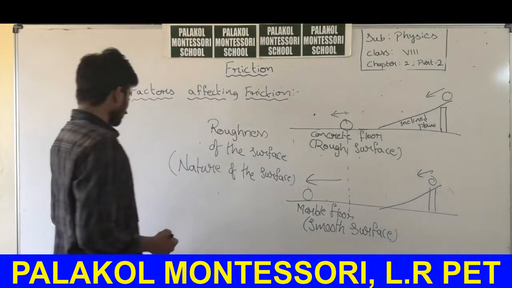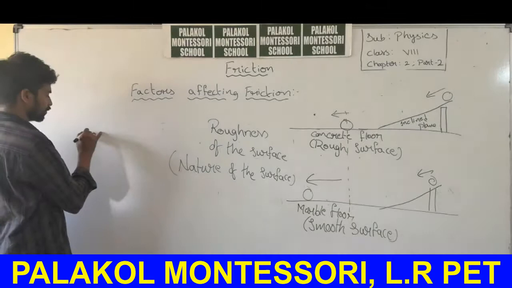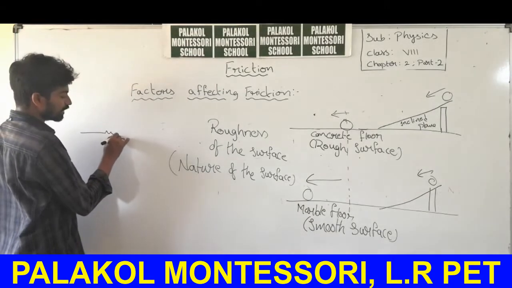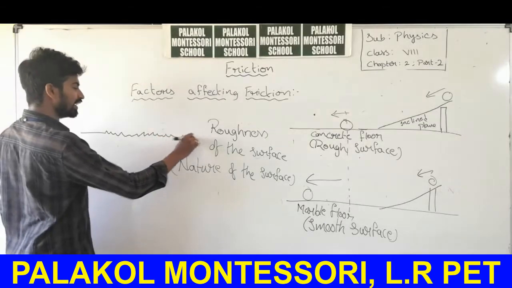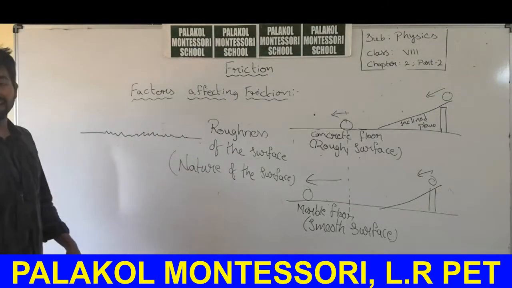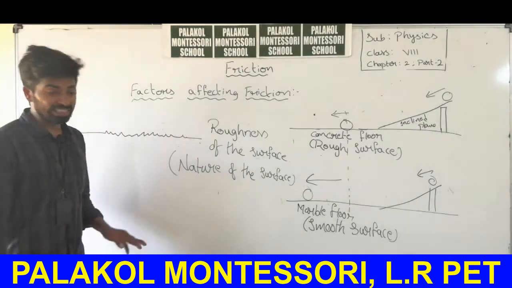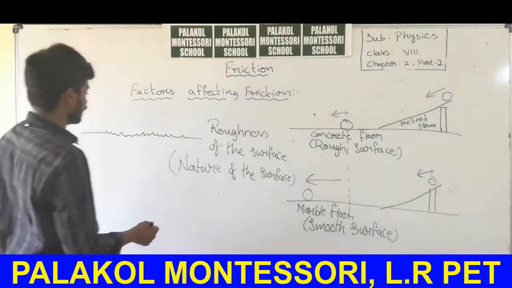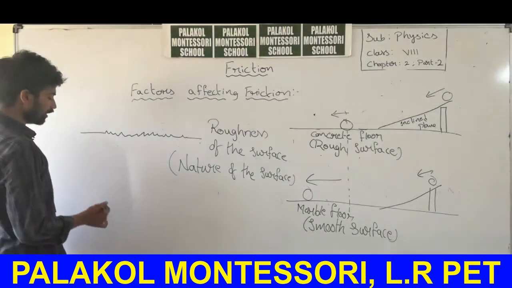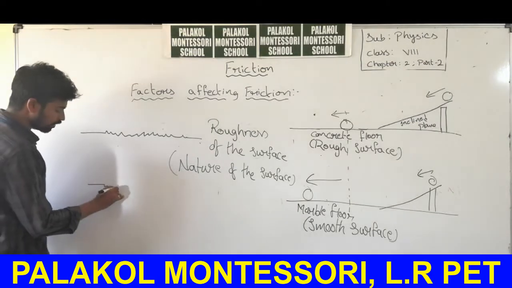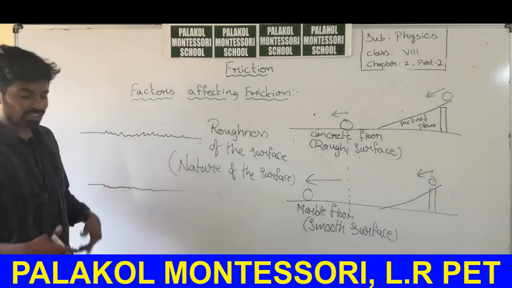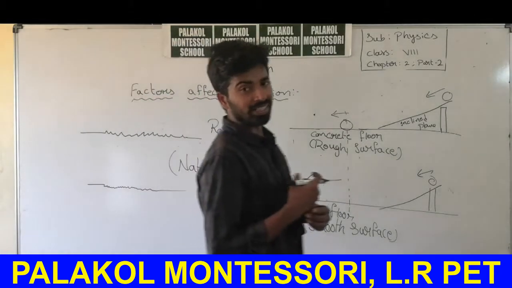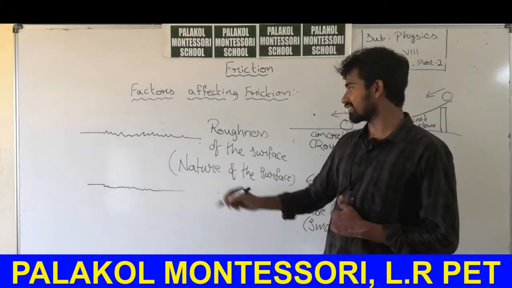If you consider any surface, and if you look closely, many irregularities will be there on the surface. Even the marble floor will have small irregularities; let us imagine this as the concrete floor. Any surface, of course, may appear to be smooth, but it will have some irregularities.